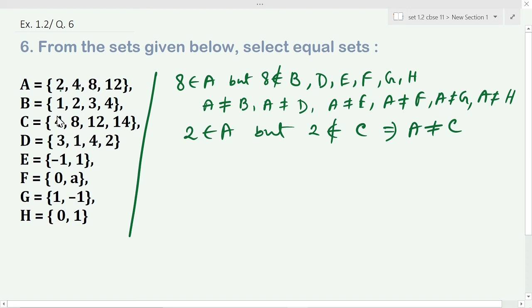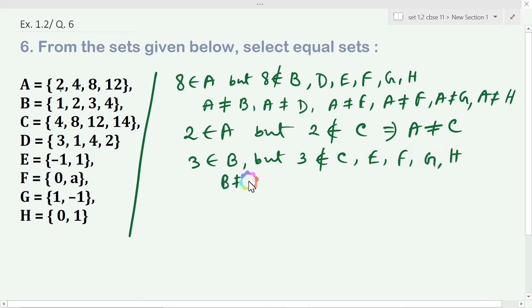Now for B, B contains an element 3, that is 3 belongs to B, but 3 does not belong to C, E, F, G or H. So B not equals C, also B not equals E, B not equals F, B not equals G, and B not equals H.